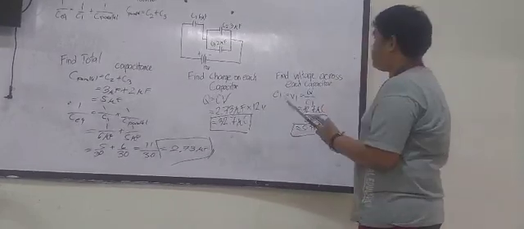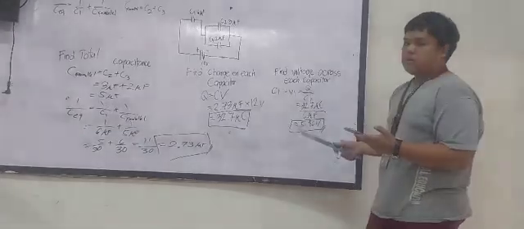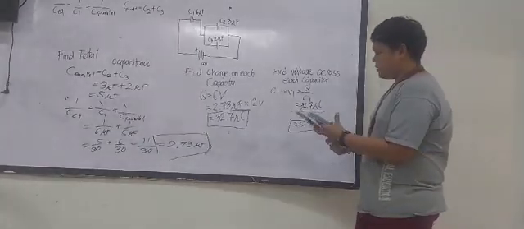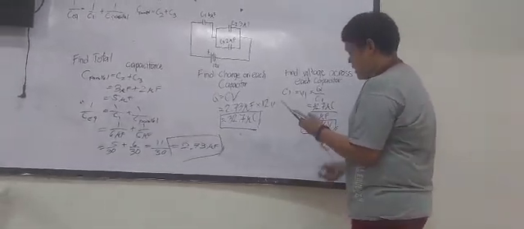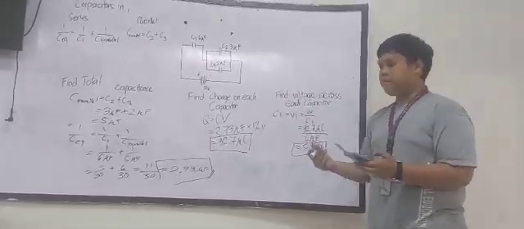So capacitor 1 has a voltage of 5.46 volts.